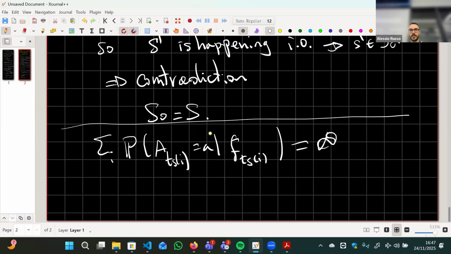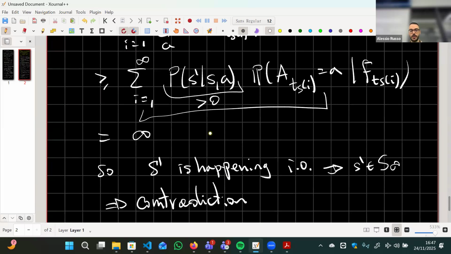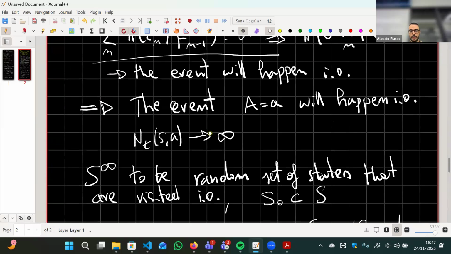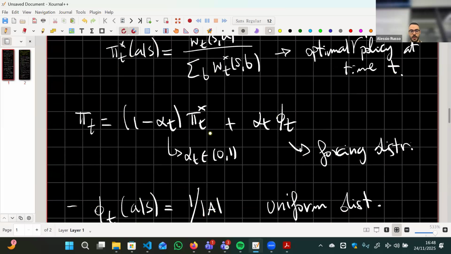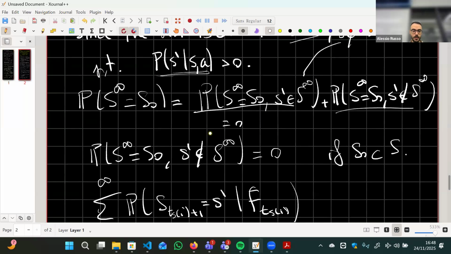So what is the probability that we pick this action, the i-th time we are in a state S? So if you are mixing with a uniform policy, remember, we are choosing actions according to this policy. So let me rewrite it here.